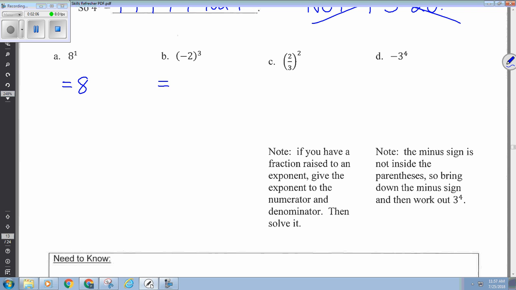That is negative 2 times negative 2 times negative 2. And then you work out the problem. Negative 2 times negative 2 is positive 4. 4 times negative 2 gives you negative 8.